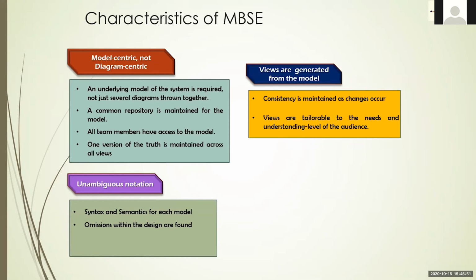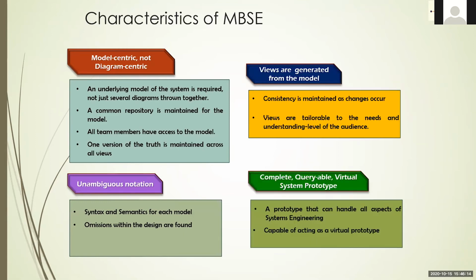Now, by using models, as we saw in the first part of the talk, those models have syntax and semantics. And by using that syntax and semantics, we are getting rid of the ambiguity, okay? So the people will be able to understand the same thing by reading those models, okay?